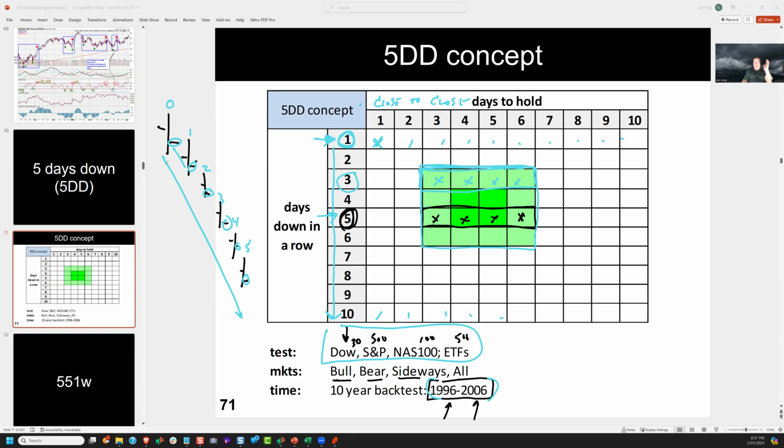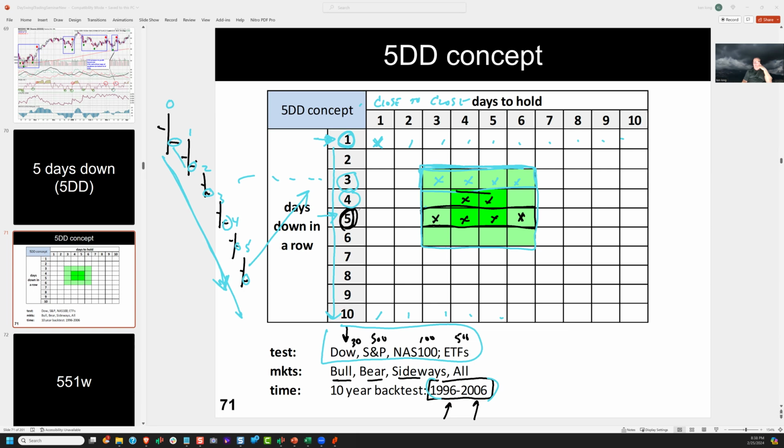The idea is that was probably an overreaction, and that you could expect a retracement to get back to fair value somewhere. And then on 4 days down, we noticed that there was an even bigger payoff on 4 days and 5 days.